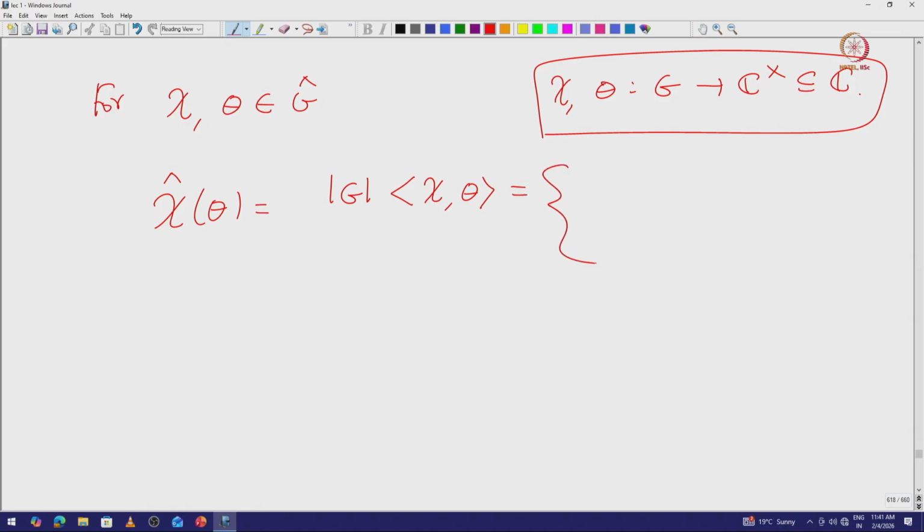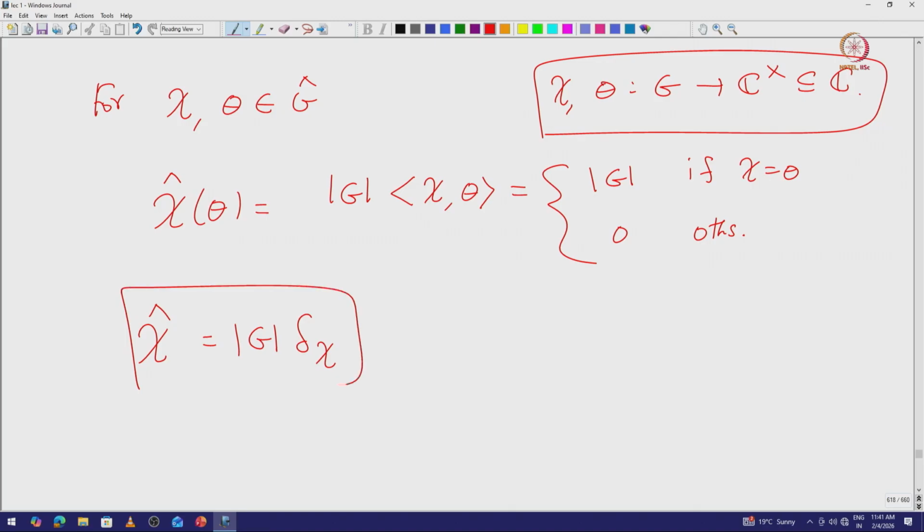Using the orthogonality of irreducible characters, this is exactly equal to the cardinality of G if chi equals theta, and it is 0 otherwise. So chi hat is closely related to the delta function. The orthogonality relation gives us that chi hat is equal to the cardinality of G times delta chi, because that is how this function behaves.